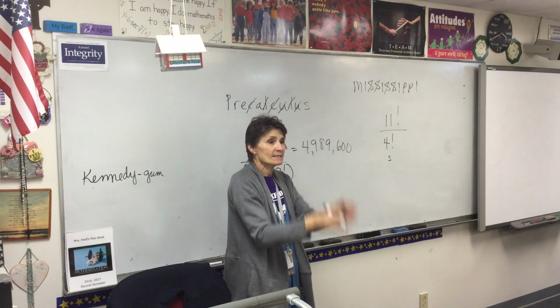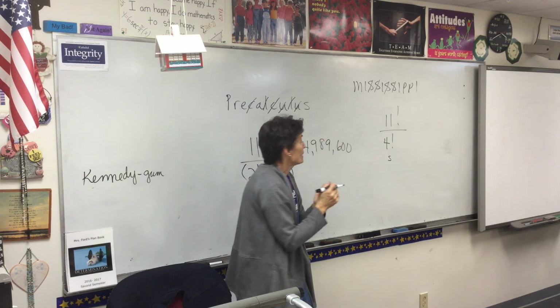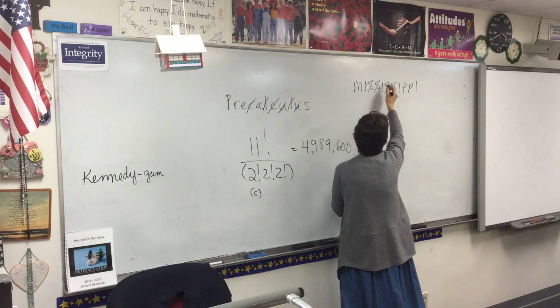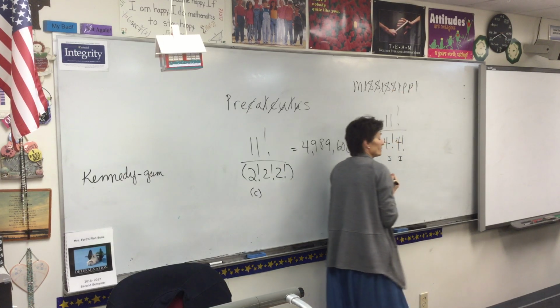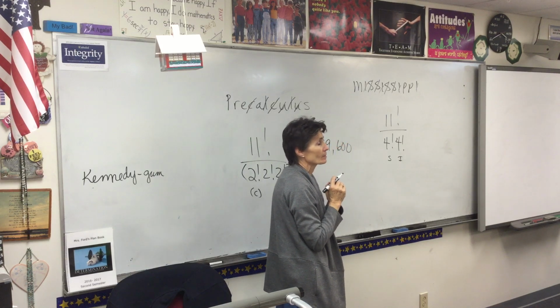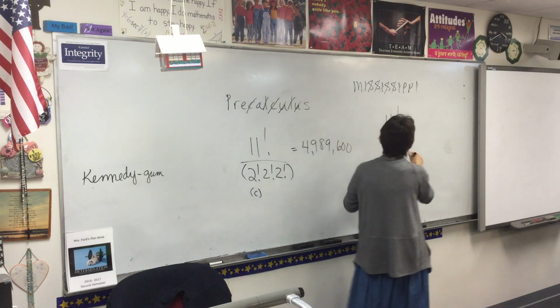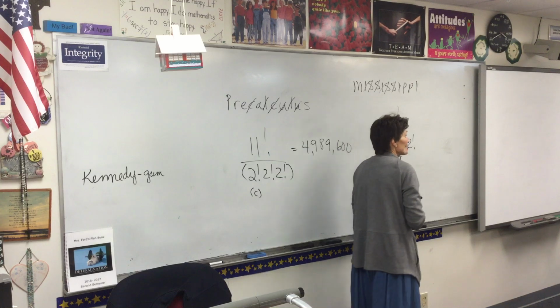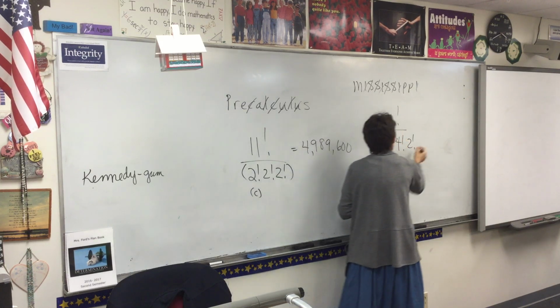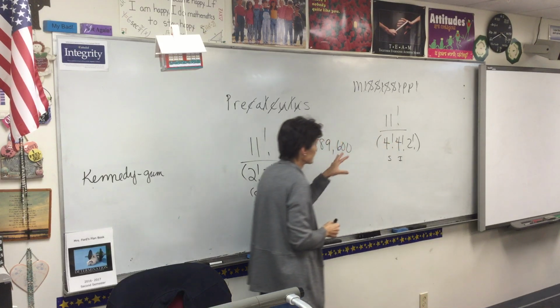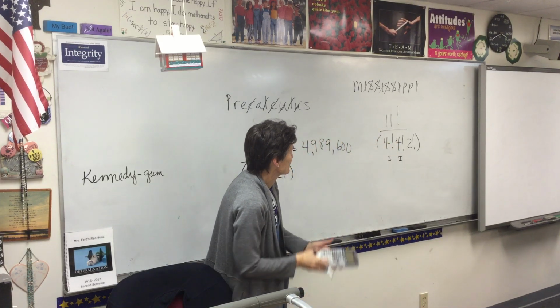So there's 4 S's, 4 factorial. There's 4 I's, so that's another 4 factorial. There's 2 P's, so that's a 2 factorial. Now I am going to just type this one in. It's quicker for me just to type it in, but I got to use those parentheses.